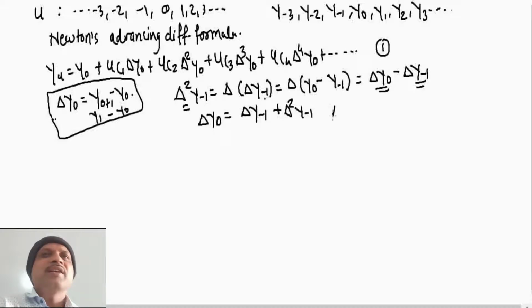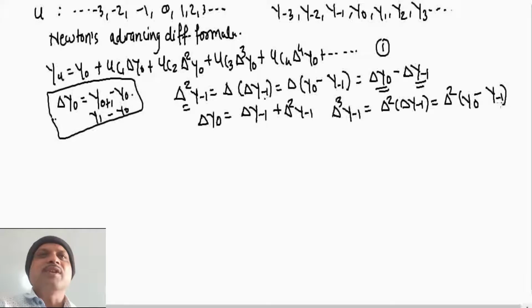Similarly, delta cube y at minus 1 equal to delta of delta square y at minus 1, equal to delta square y0 minus delta square y at minus 1.